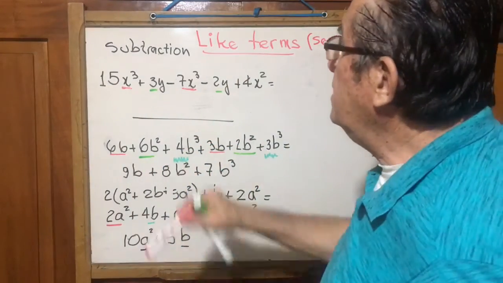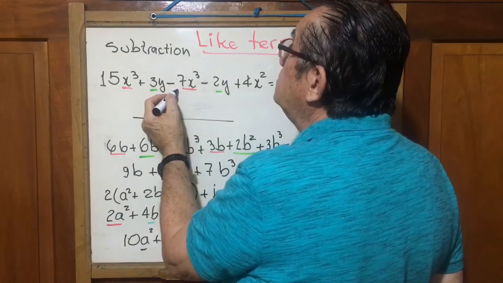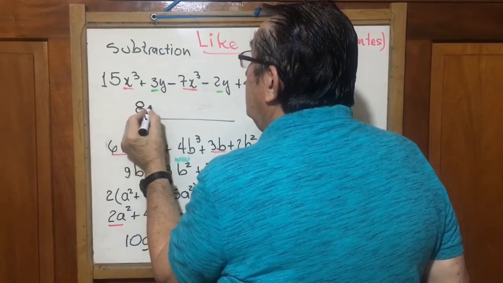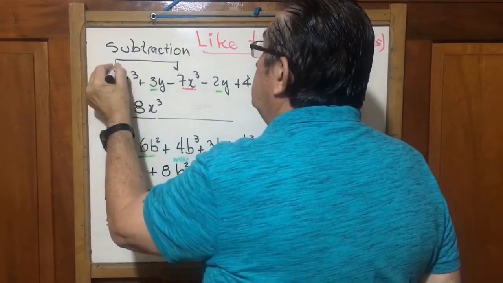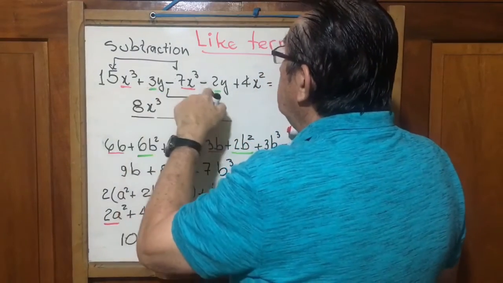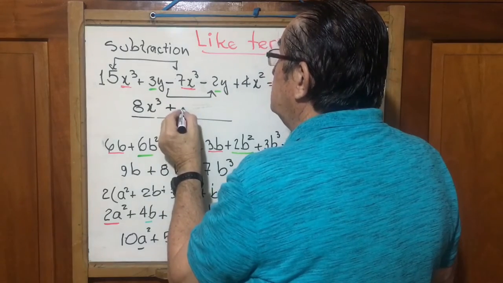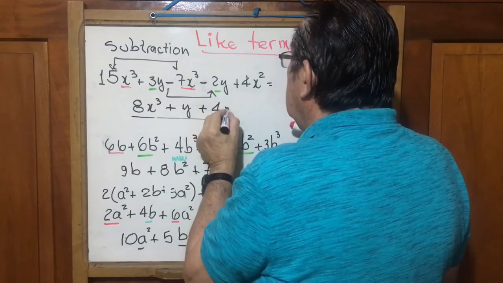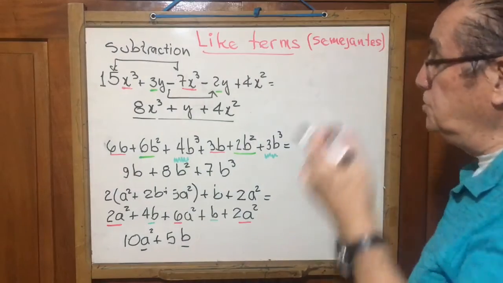So I can subtract 15 minus 7, it's going to be 8x to the cube. Okay, so these are subtracted. And I will have to subtract this 2. 3 minus 2 is 1, so I put the sign of the biggest, which will be 1y. And 4 to the square stays the same. So that's the way we can do the subtraction.